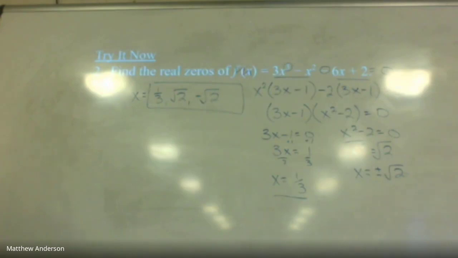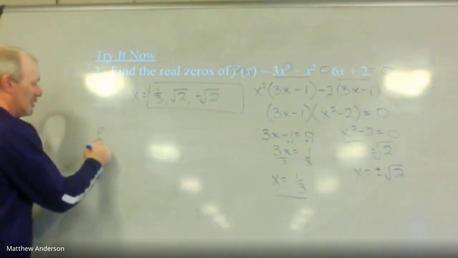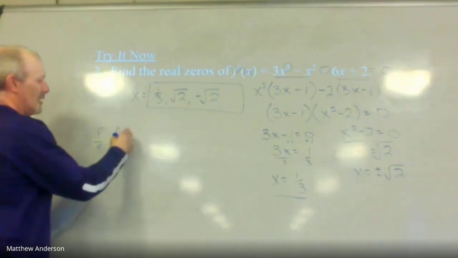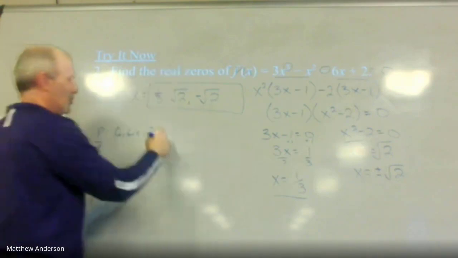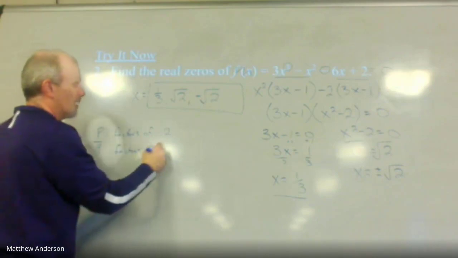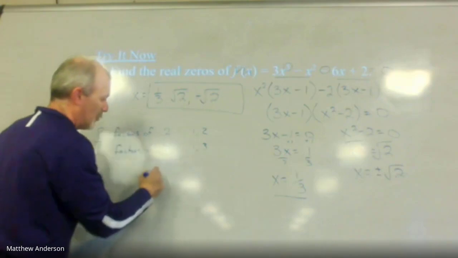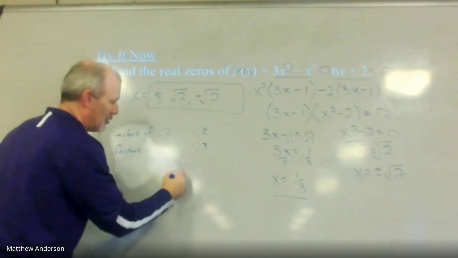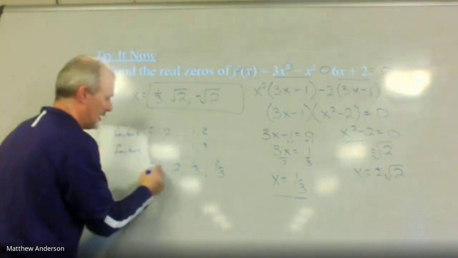Now if you would have done the work and listed these out, P over Q, P would have been factors of, somebody help me out, factors of what? Where would we get that? The 2. And Q would have been factors of the 3 on the front. So 1 over 1, 2 over 1, 1 over 3, and 2 over 3, plus or minus.